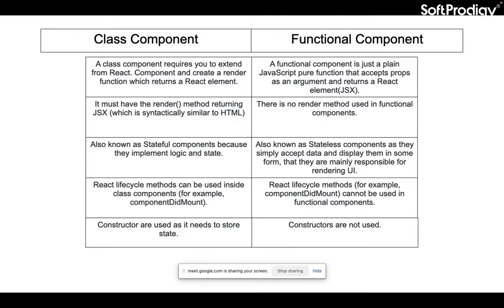In the functional component, it is a plain JavaScript pure function that accepts props as an argument and returns a React element. Second, the class component must have the render method returning JSX, which is similar to HTML. In the functional component, there is no render method.